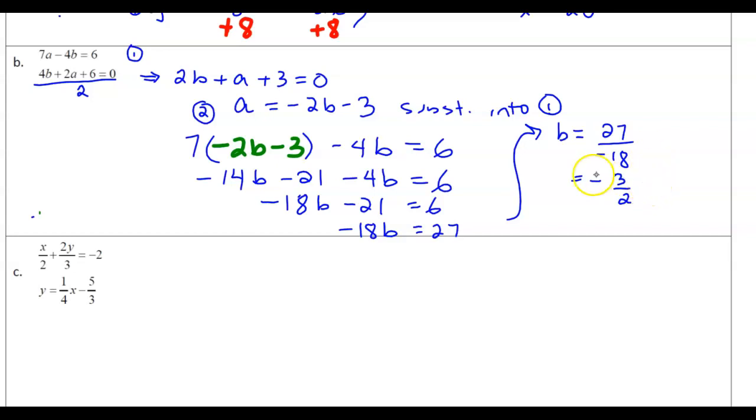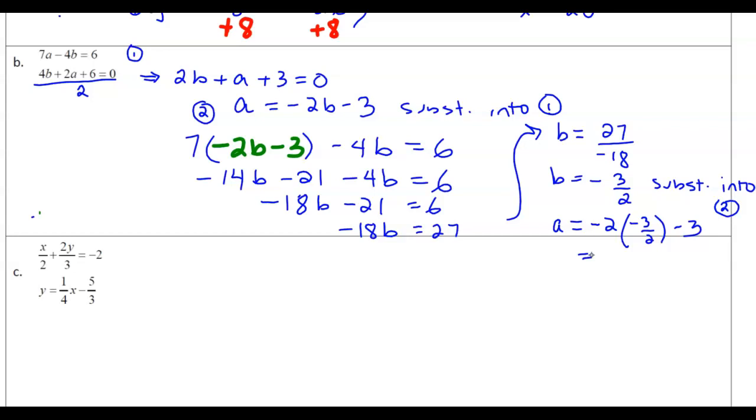So that was b, and then I'm going to substitute that back into equation 2. And go back and make sure you solved it correctly, but if I use that one where I've solved for a, then it's pretty easy because I've already got a by itself, right?